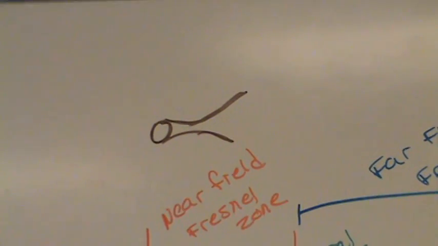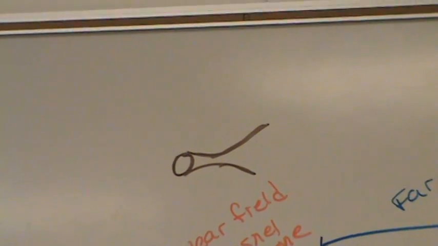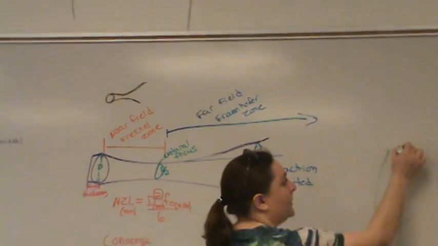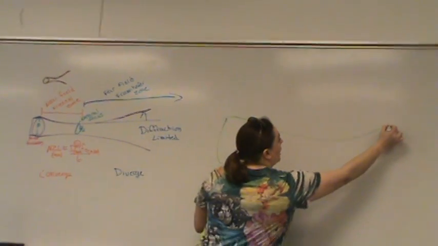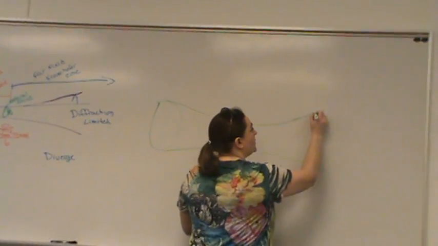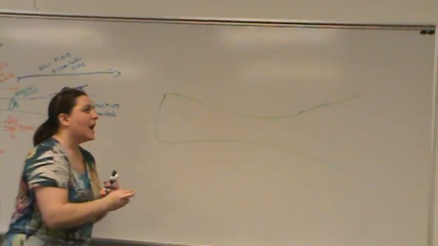If I have a very large transducer diameter, I don't get as narrow of a beam, but the diffraction in the far field happens much slower.